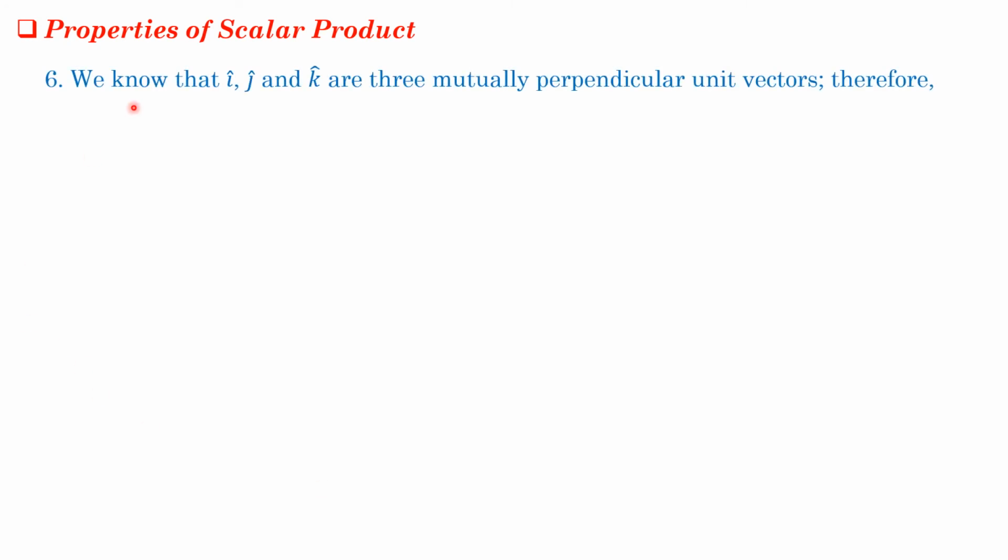Next, we know that i cap, j cap and k cap are three mutually perpendicular unit vectors. i cap is along the x-axis, j cap is taken along the y-axis, and k cap is taken along the z-axis. We already know this. Then i dot i is equal to mod i mod i cos theta.